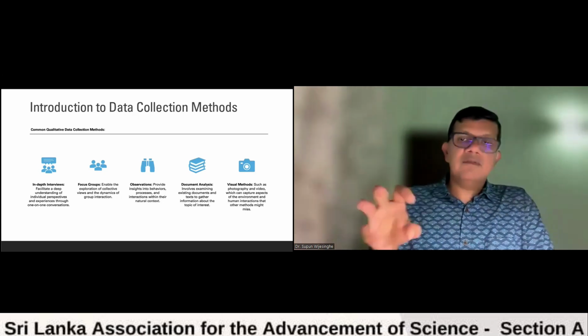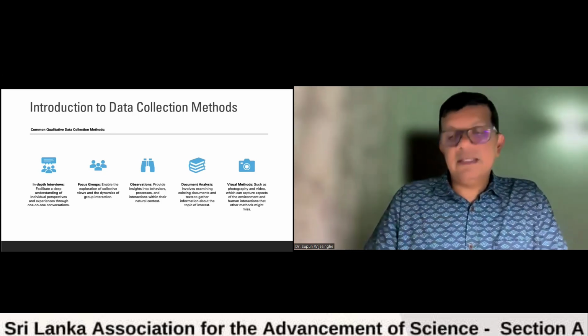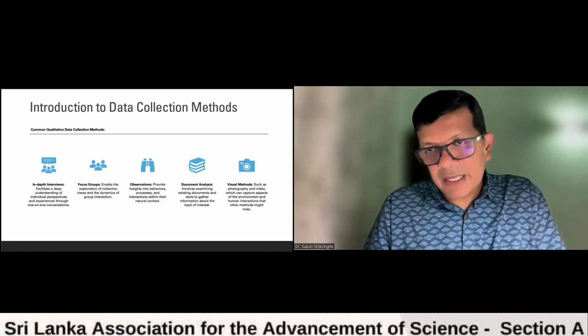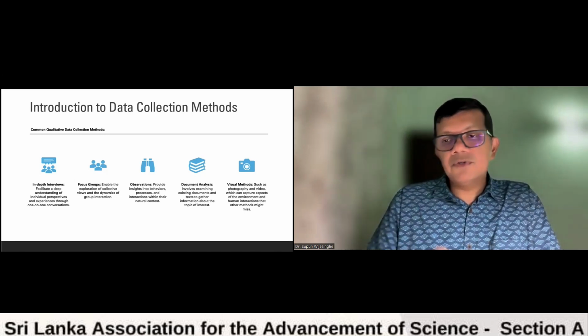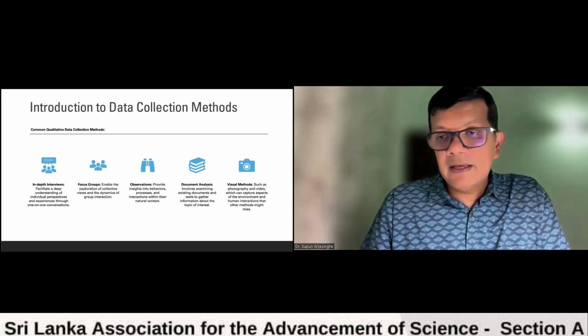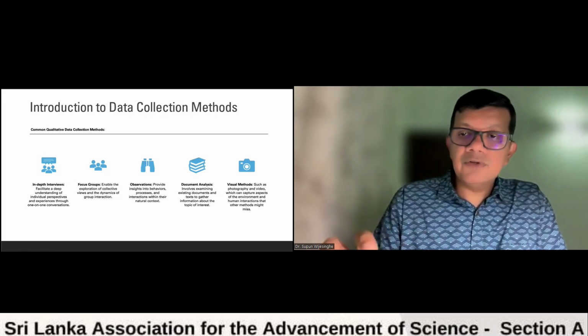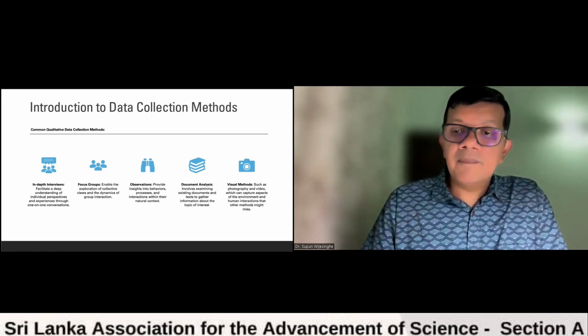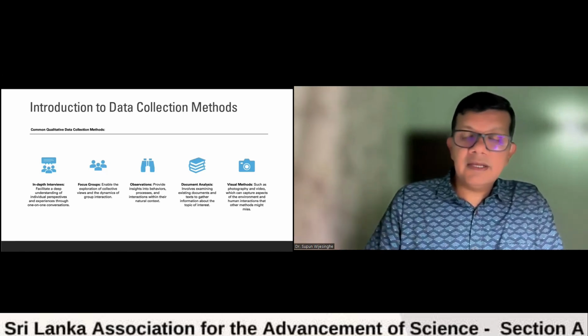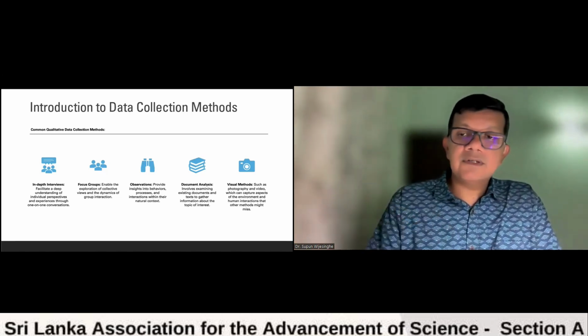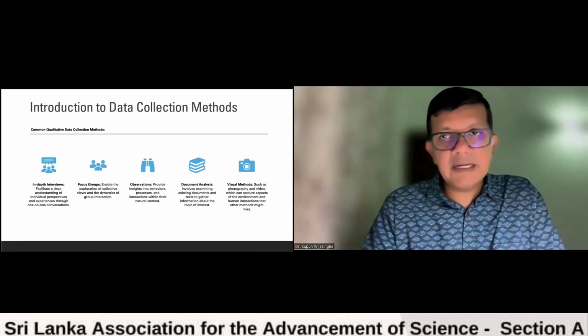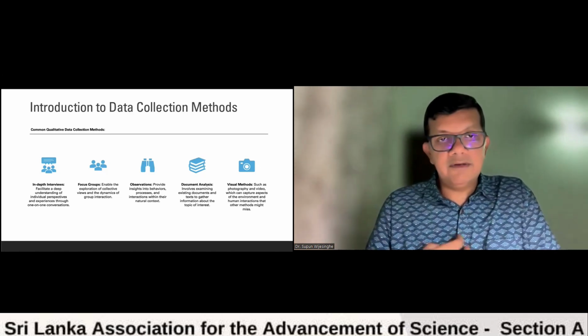And then visual methods, rarely used again. We don't use visual methods, but most other developing countries use them to study human interactions and the patient-doctor relationship, and all these things can be done through visual methods. So these are data collection methods for qualitative research.